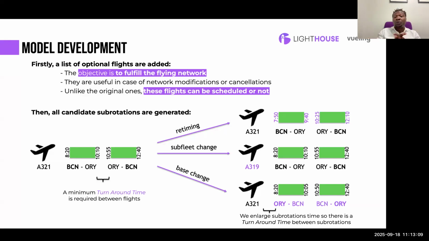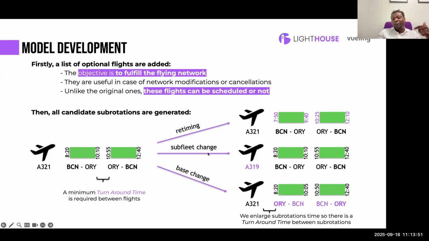The way we generate these candidate subrotations is shown on the left. Given the subrotation, we have 3 main operations that we apply. The first operation is retiming, which means the ability to change the whole block schedule. In this case, 8:30 can be changed 30 minutes earlier, and this changes the whole subrotation schedule.